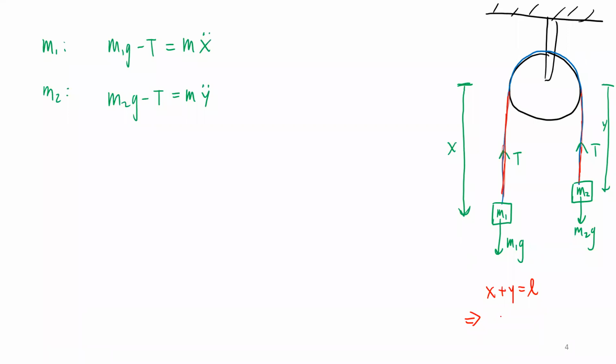So that's why I can say that x double dot plus y double dot equals 0, and that is y double dot equals minus x double dot. So therefore, I can just write this one as minus x double dot. Now it's two equations, two unknowns. You will be able to solve it, so for x double dot.